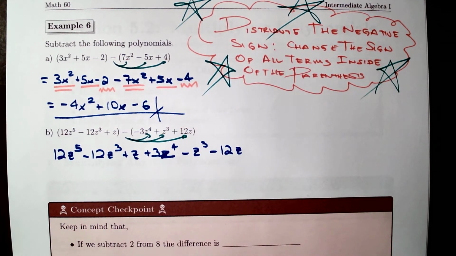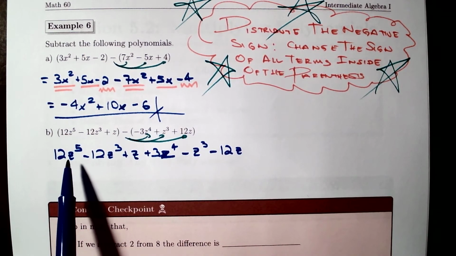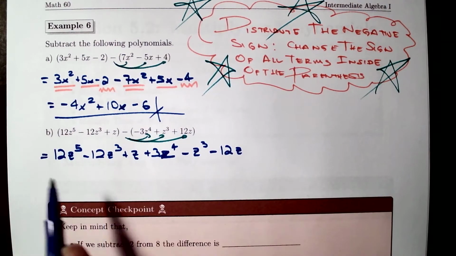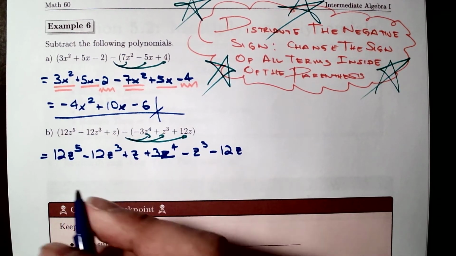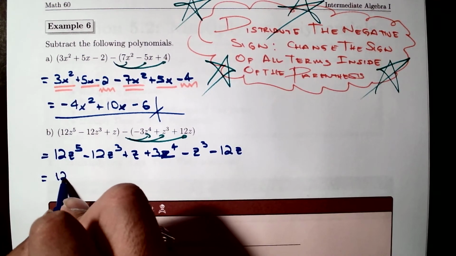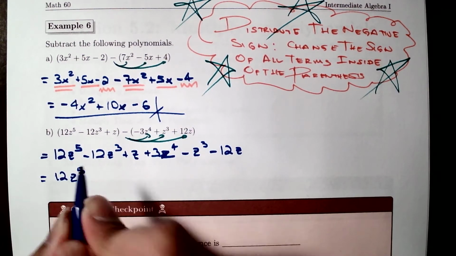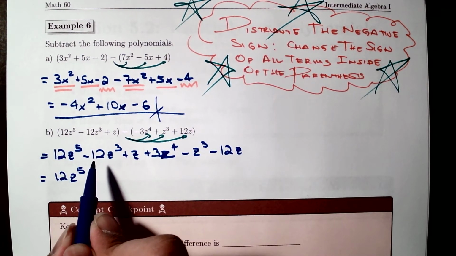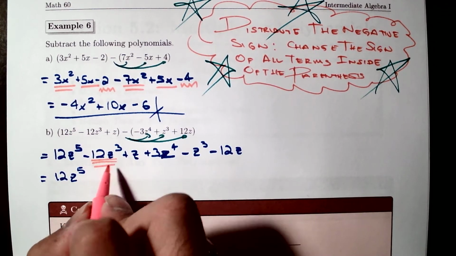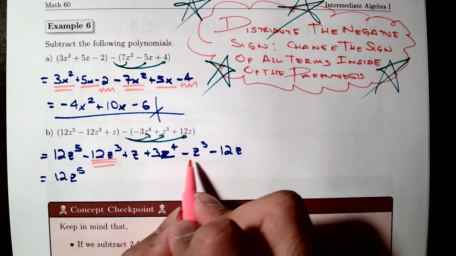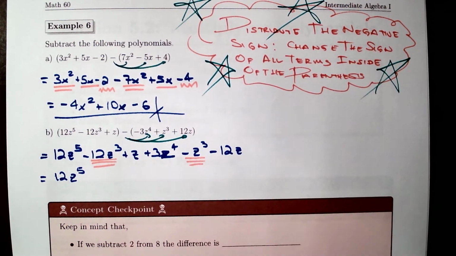And let's combine like terms. Well, what do we have? We have a term to the fifth power. I'm not going to highlight it because that's the only one term. What about cubed terms? Do we have another cubed term? Well, of course. We have this one right here, and we have another one right there.